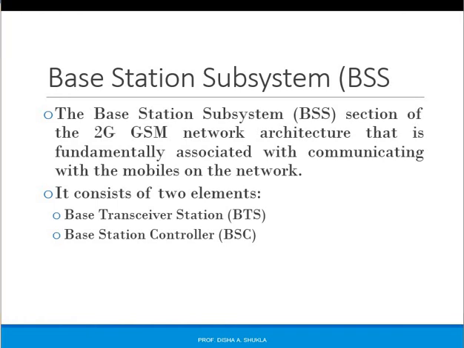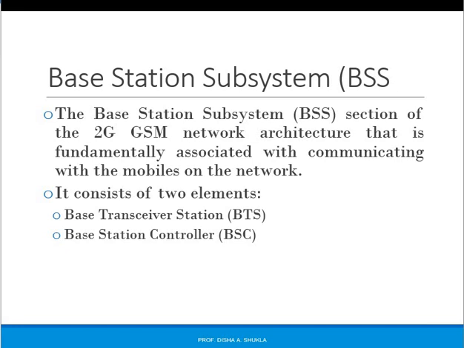Now, the base station subsystem section of the 2G GSM network architecture is fundamentally associated with communicating with the mobiles on the network. It is further divided into two parts, that is the base transceiver station and the base station controller.